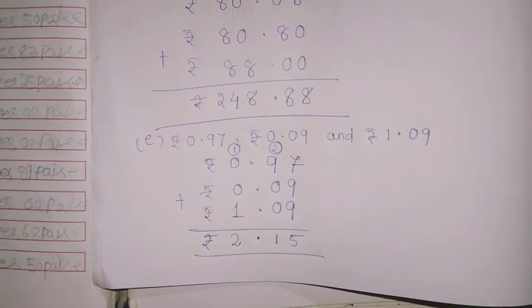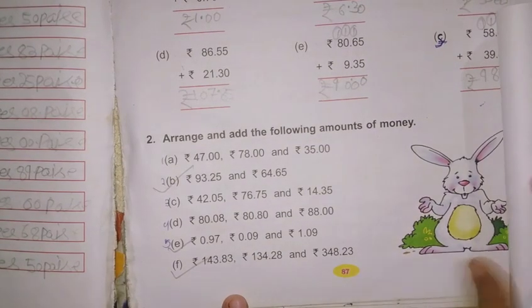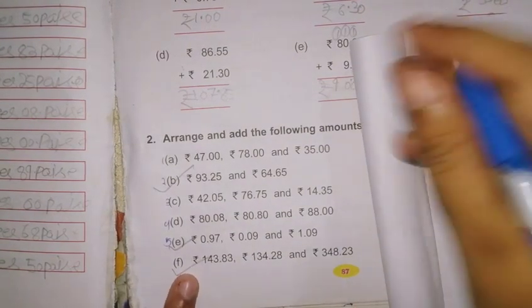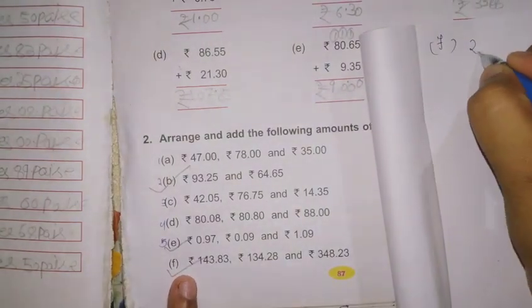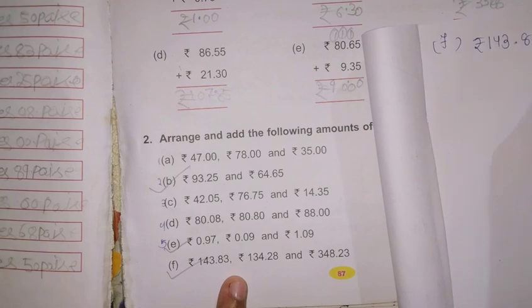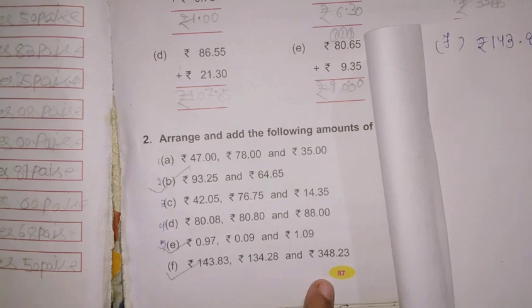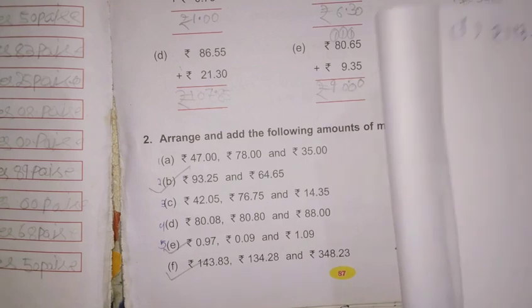Now we solve next, F. 143 rupees 83 paise. Then 134 rupees 28 paise. And 348 rupees 23 paise.